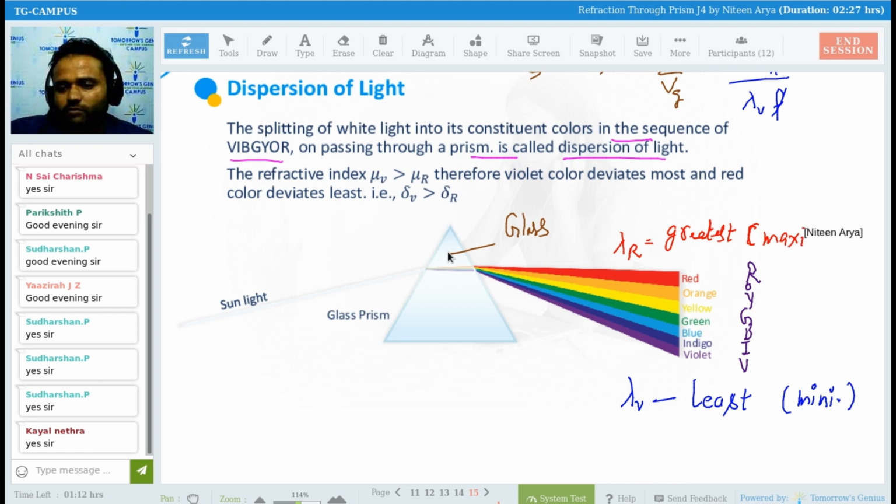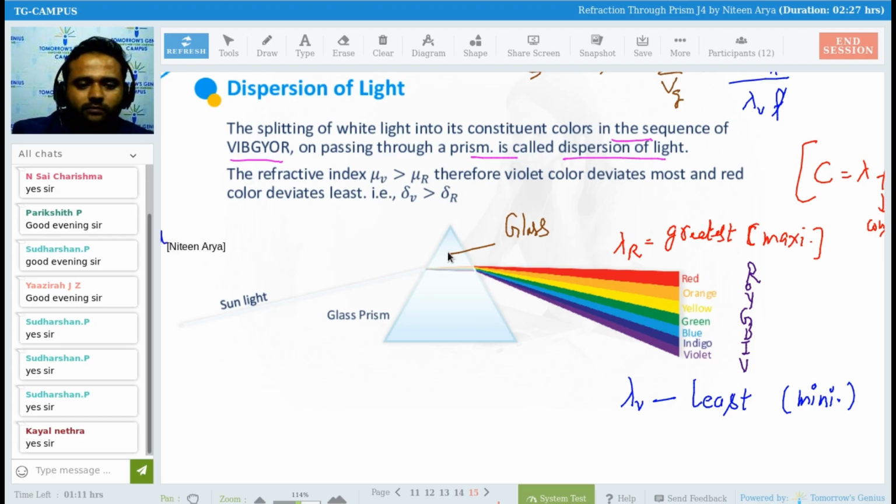Max means maximum. And we know C is lambda into F, where F remains constant. Clear? So as you can see, lambda R is greatest, maximum, and lambda V is least, minimum. So automatically, the refractive index, we already know, is mu equals lambda of air divided by lambda of that particular color.